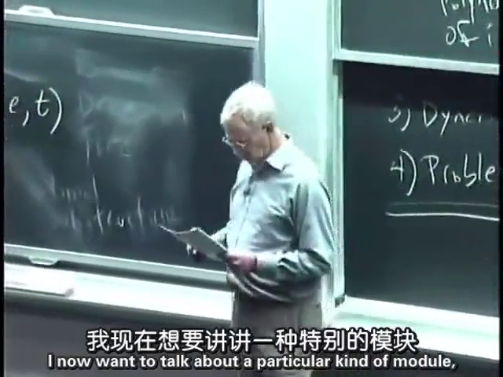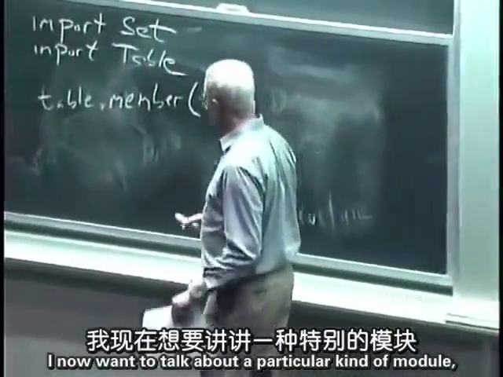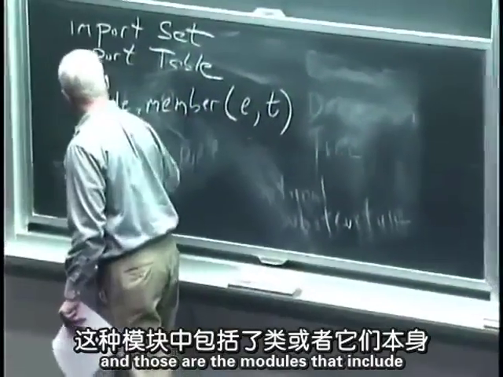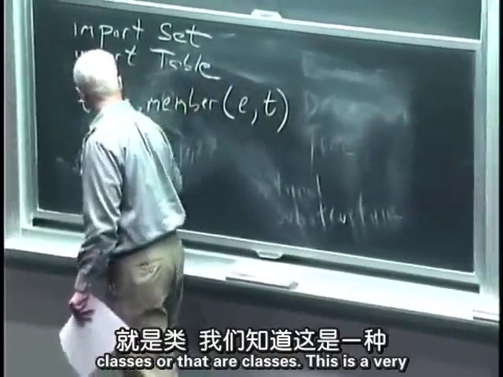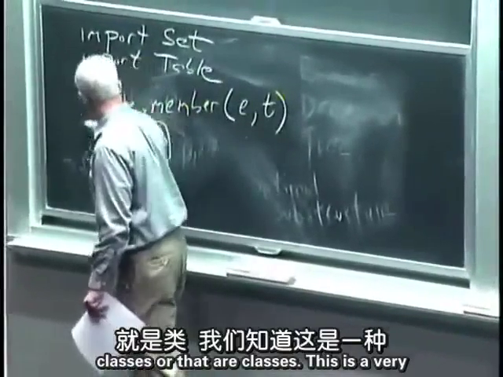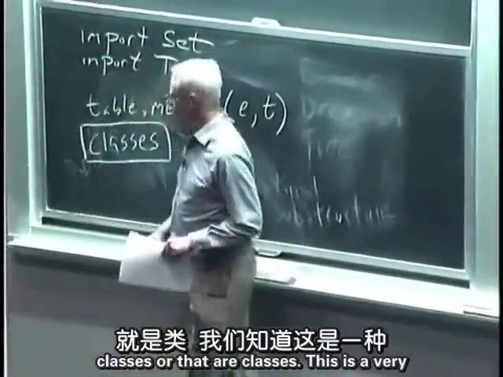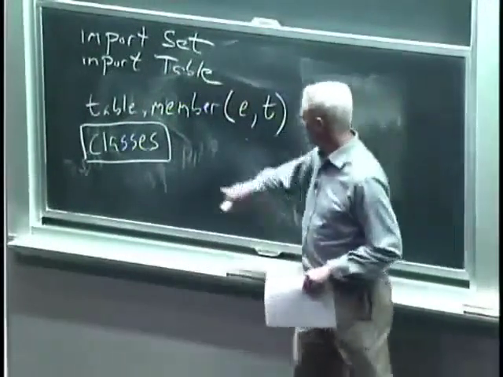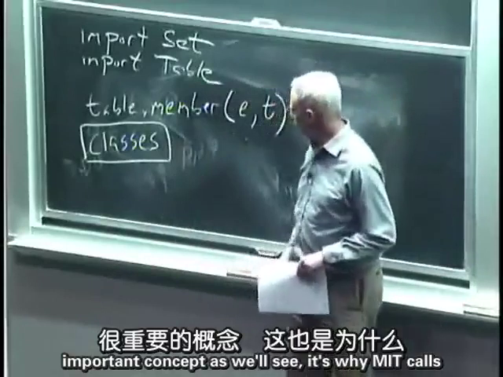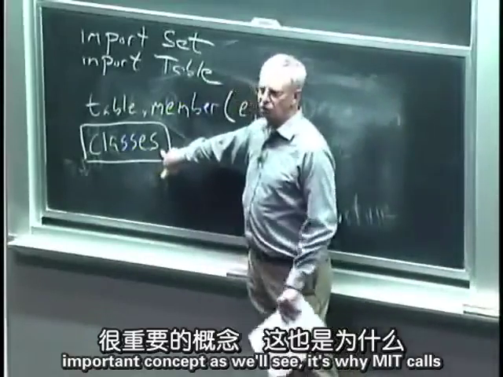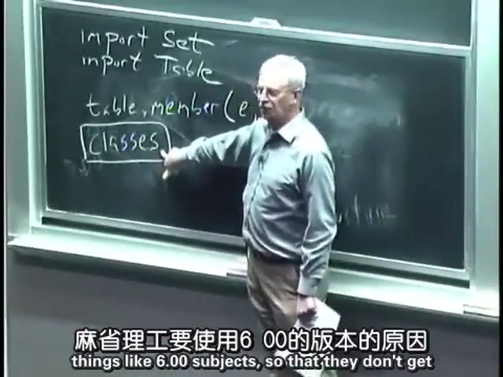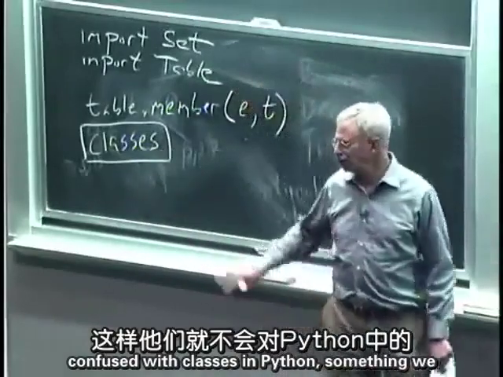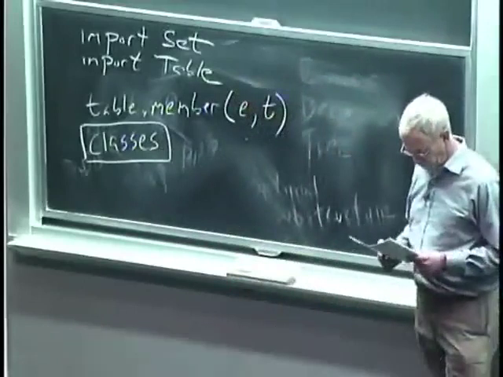I now want to talk about a particular kind of module. And those are the modules that include classes, or that are classes. This is a very important concept, as we'll see. It's why MIT calls things like 600 subjects, so that they don't get confused with classes in Python. It's something we really need to remember here.